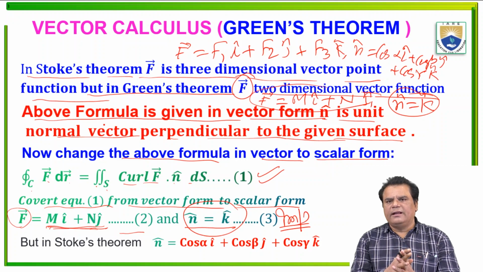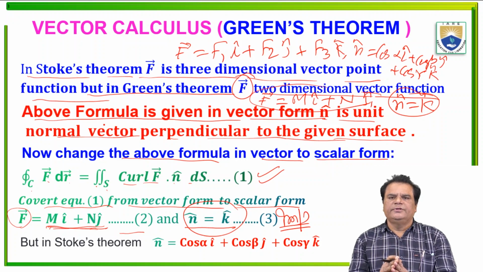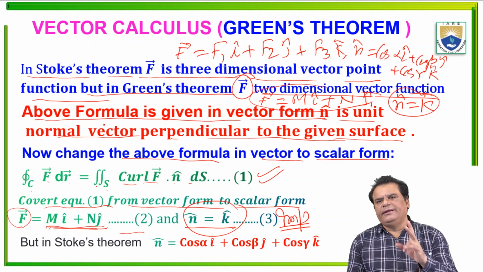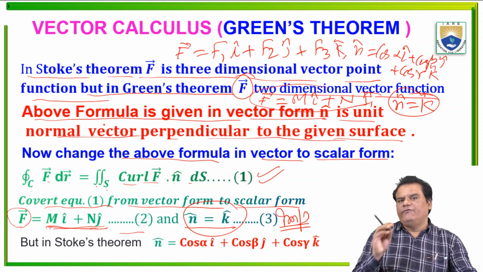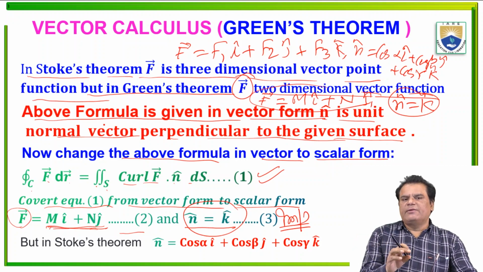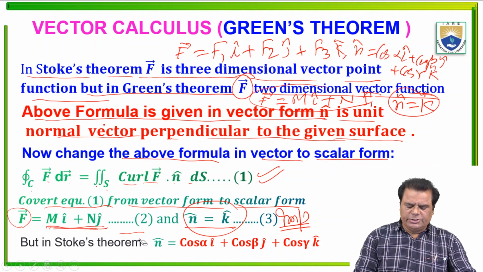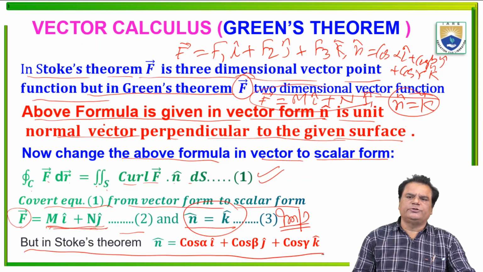So both are parallel. It means n vector equals k vector. This is the main concept of Green theorem. There are 2 main points in Green theorem. First, the vector point function is a two-dimensional vector. And second, unit normal vector n equals unit normal vector k. This result is given in Stokes theorem.